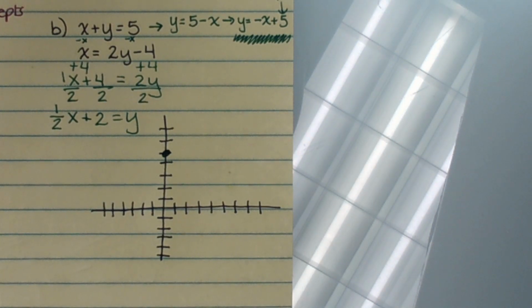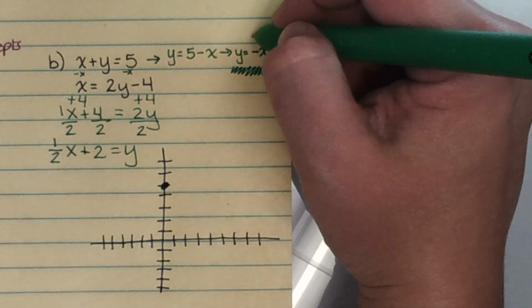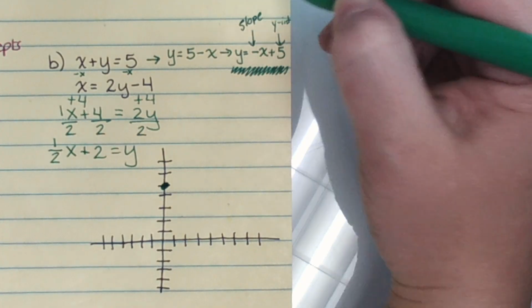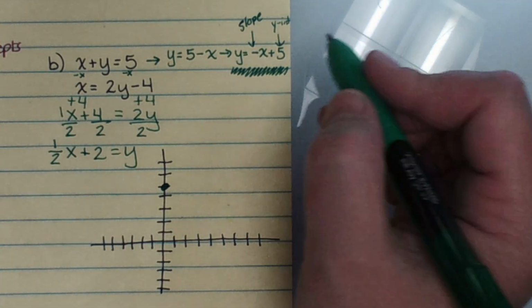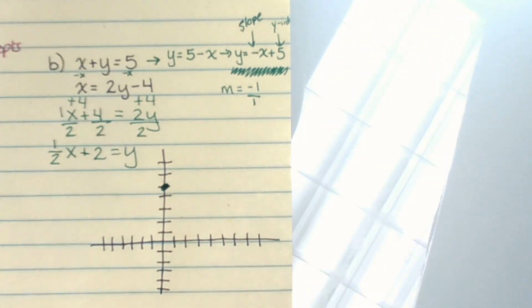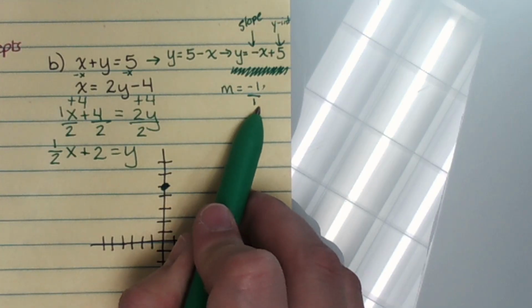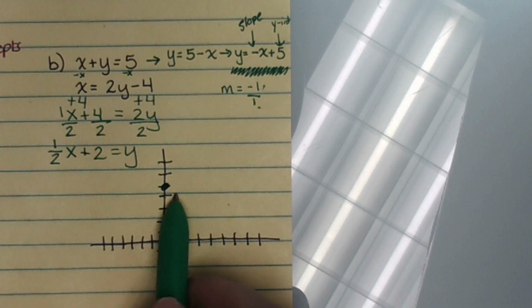Slope is the number in front of x. That's my slope, that negative right there, or more accurately, negative 1. To write negative 1 as a fraction, I put it over 1. Rise negative 1, run 1. In other words, down 1, right 1.